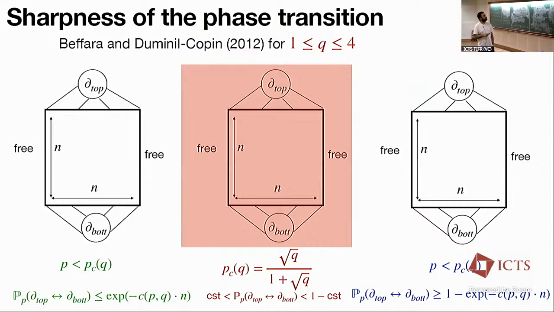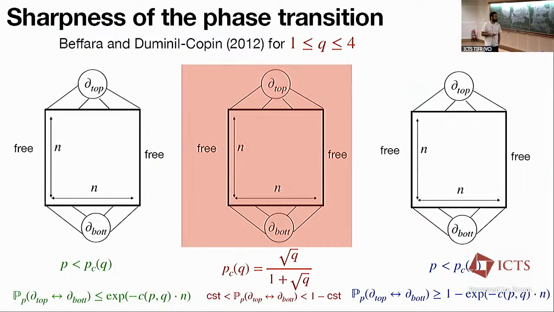Basically, you look at the box of size n by n, and you impose that all the top vertices are connected together and all the bottom vertices are connected together, so you have one top arc and one bottom arc. Then you look at the connection probability, the probability that you have a path from top to bottom.